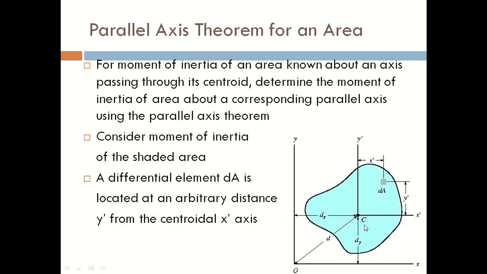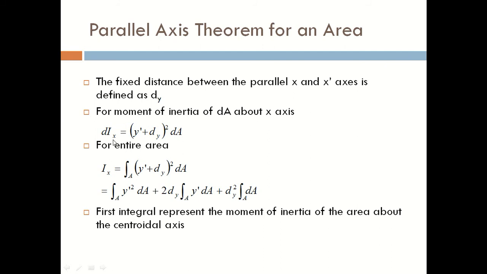If you add this distance dy plus y dash, this is the total distance of this elemental area from the x axis. So dA multiplied with (y dash plus dy) square gives the moment of inertia of this elemental area about this x axis. So that's why this is our formula.